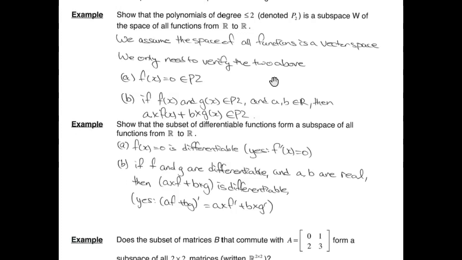If I multiply a quadratic function by a scalar, I will still get a quadratic function. So I can see that polynomials of degree less than or equal to 2 form a subspace of all functions from R to R. These polynomials of degree less than or equal to 2 are denoted P2.